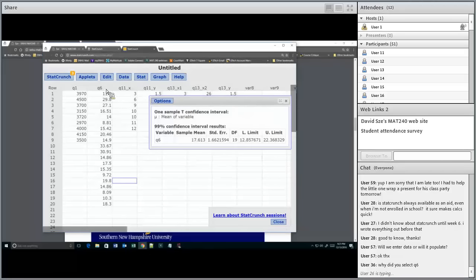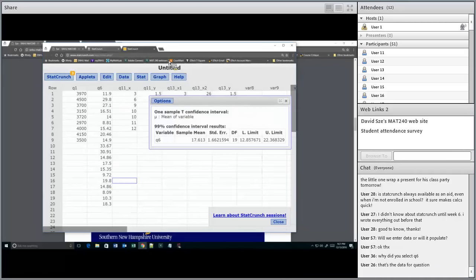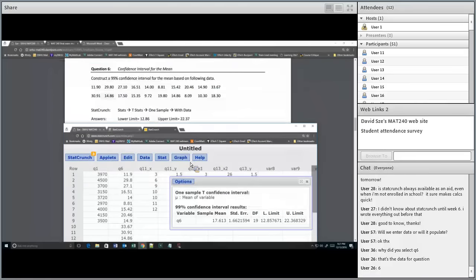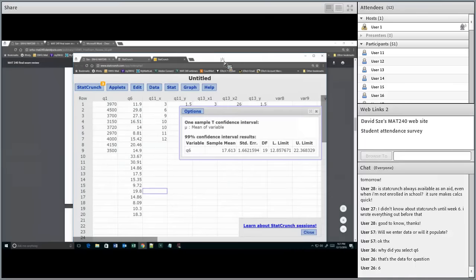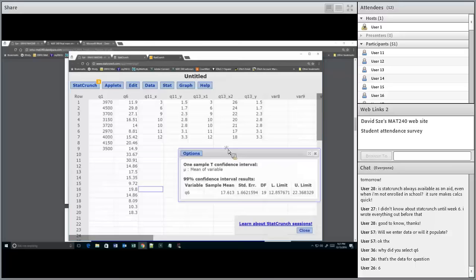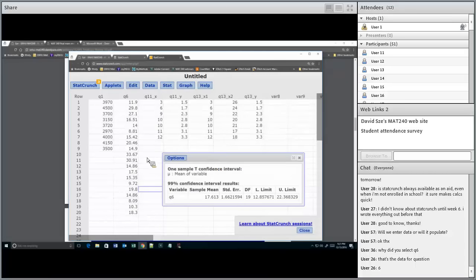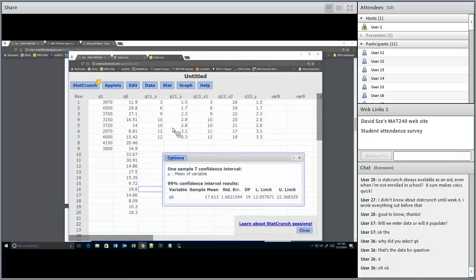I selected Q6 because that's where my data is. This is question number 6. If there's some confusion here, what I did was, before the webinar started, I populated the data for all the questions here because I didn't want to spend time populating the data.